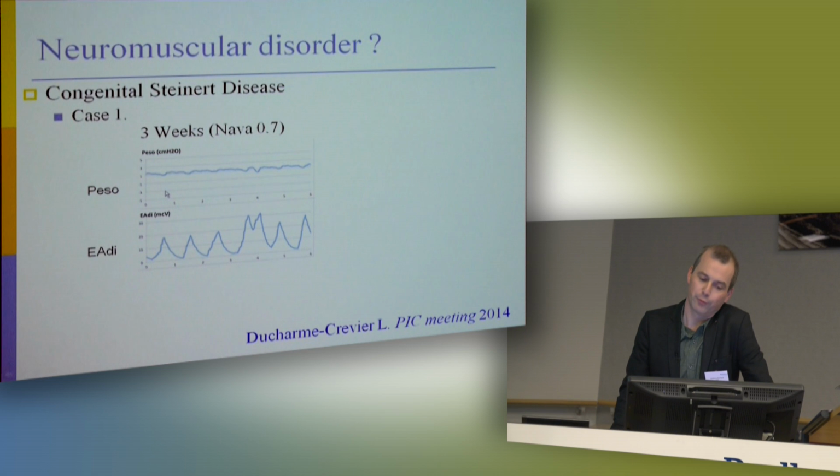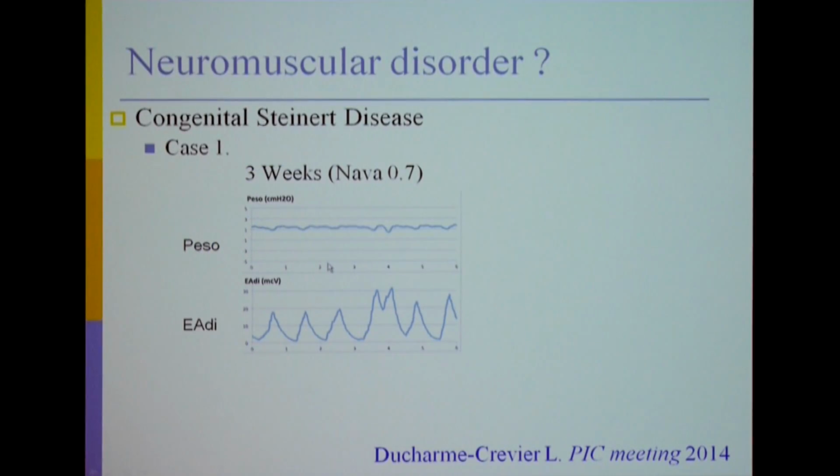After 3 weeks, we thought that she would be ready to be extubated because she had a good EAdi signal and a low NAVA level. She was in the Sandrine study, so we put in a catheter with the esophageal balloon to check the correlation with the esophageal pressure swing.